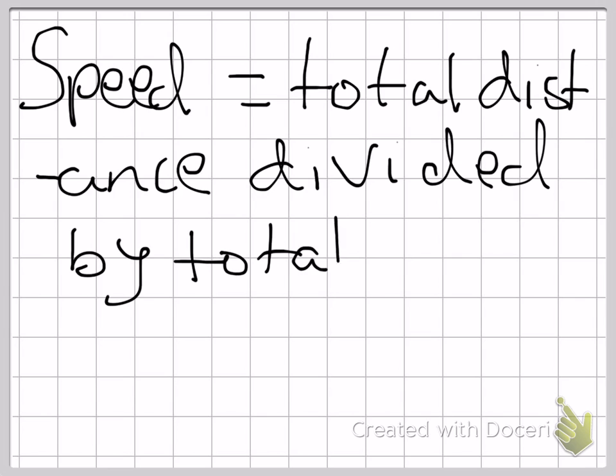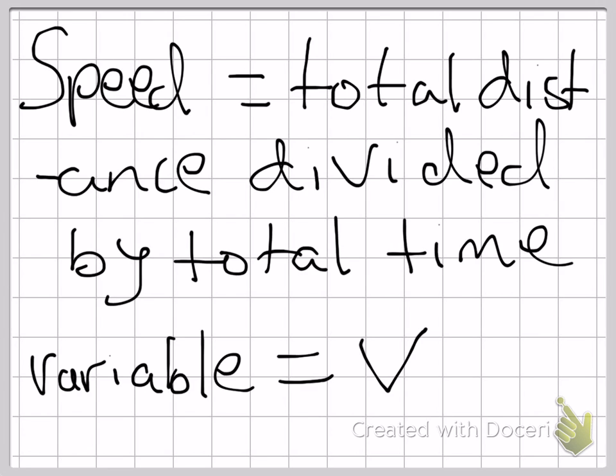Speed. This is something you're very familiar with already. The idea of speed is just how far you go in a certain amount of time. The formal definition is total distance divided by total time. The variable that we use is v, often for velocity, but if it is a speed, then there is no direction.